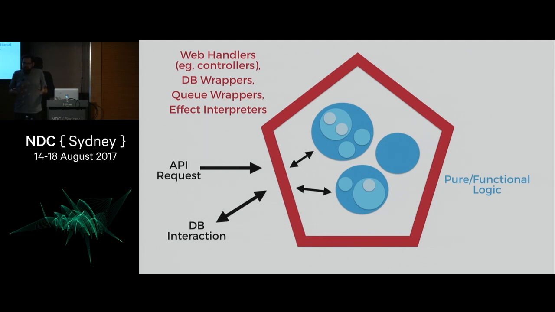You do really want to touch the outside world sometimes, but the idea is to centralize as much of the pure functional stuff doing the business logic, and have a thin shell on the outside doing the web handlers, the queue wrappers, the effect interpreters, and that sort of stuff, interacting with the outside world there.